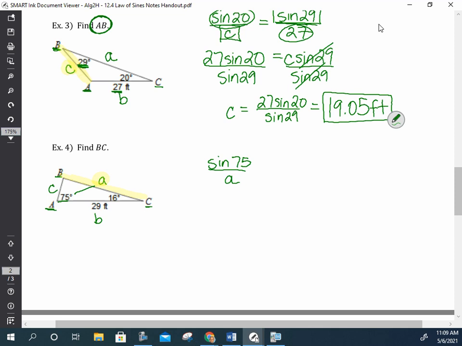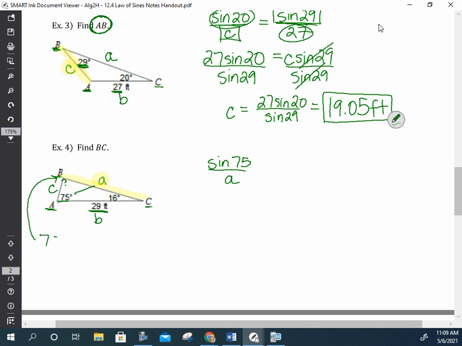So we need another fraction to pair off with it. We have 29 feet, but we don't have the B angle. But you can find the B angle. You've got 2 angles, and last time I checked, all 3 angles in a triangle add up to 180.